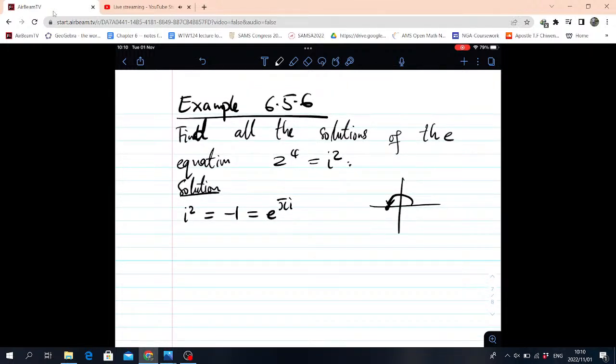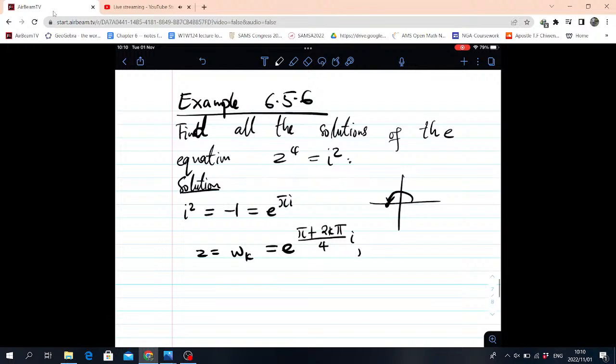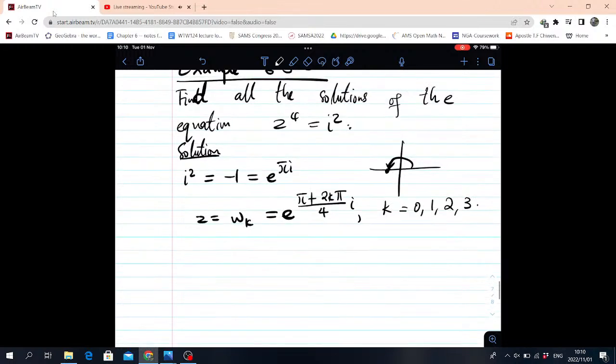Okay, so we've got this. If you want to find the fourth roots of this complex number, then we say z is equal to w_k, which is e to the (pi plus 2k pi) over 4 i, and k has to be 0, 1, 2, 3.